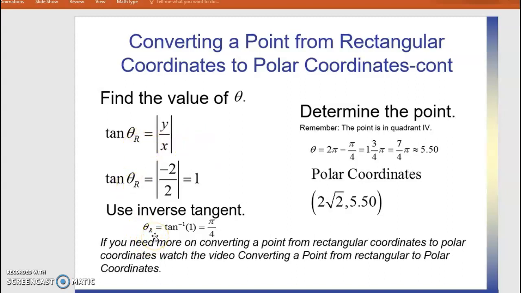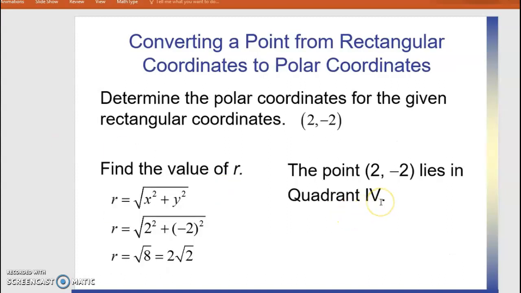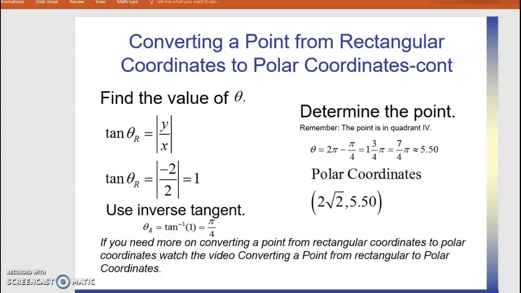This little subscript r stands for reference, because we know that our angle was in quadrant 4. Pi by 4 is just a reference angle because it's in quadrant 1. So we need an angle in quadrant 4 that has the same tangent as pi by 4.